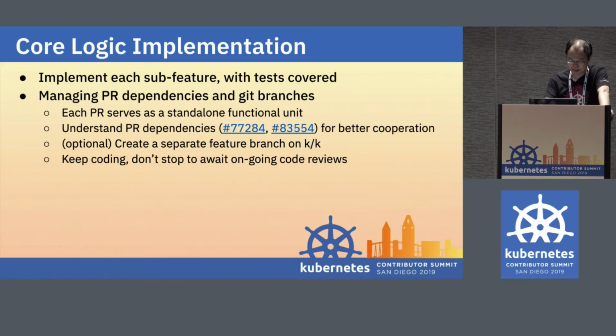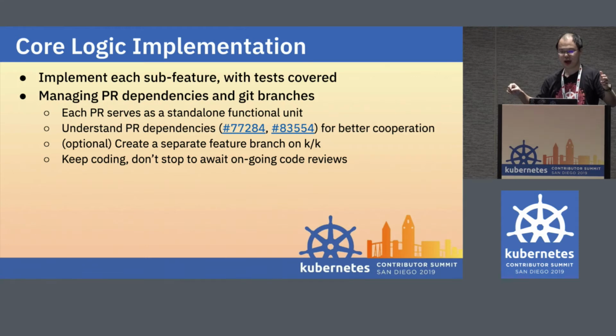And when you implement the feature, another thing to think about is which mode you want to use. Whether you want to do it solo yourself, or you want to manage it and encourage volunteers to join in. If you want to cooperate with others, make sure you all have a comprehensive understanding of the PR dependencies. For example, of course, the API PR should come first, and then the others.